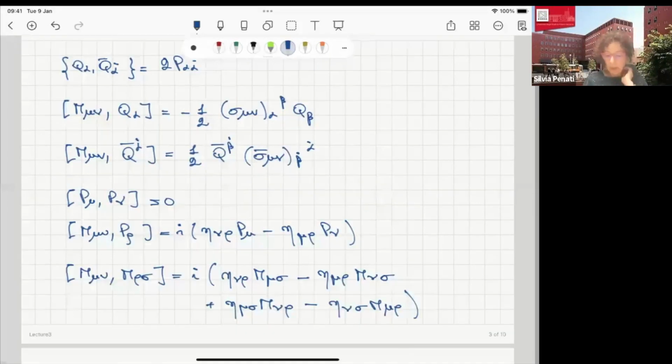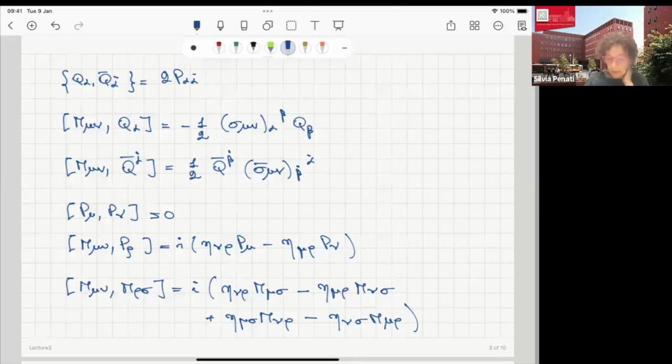And this is the algebra, which is consistent in the sense that it satisfies the Jacobi identities, the great Jacobi identities, because now we have also anti-commutators in the game.